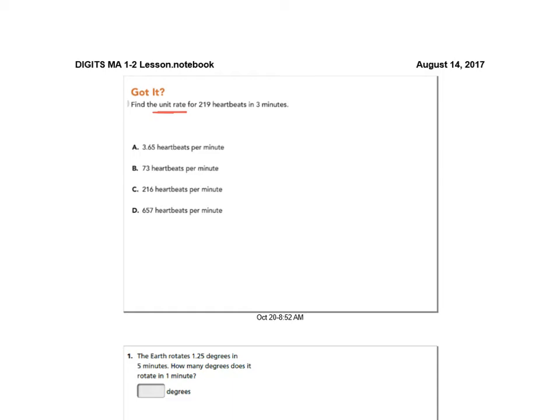So always remember, when you see unit, it's 1. So first we need to write our rate. So 219 heartbeats. Sorry, my handwriting on this is very hard to read. And then in 3 minutes.